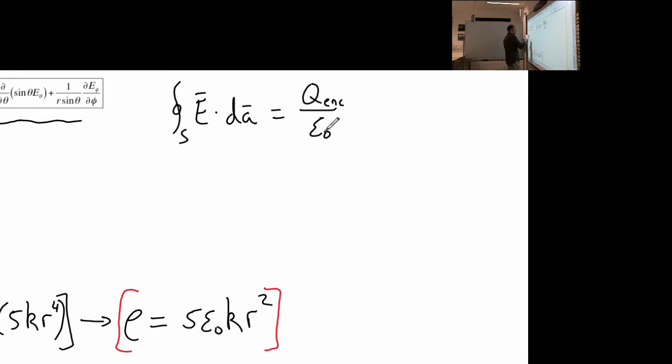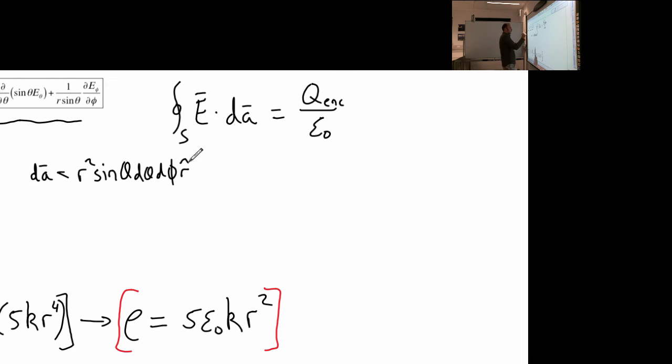So dA will be equal to r squared sine theta d theta d phi in the r hat direction.